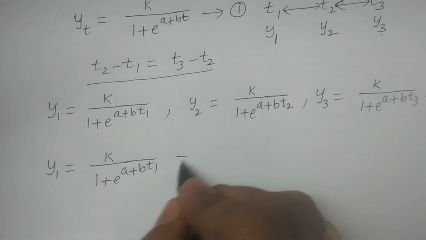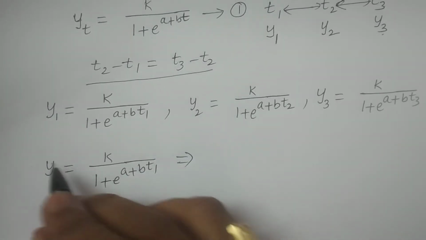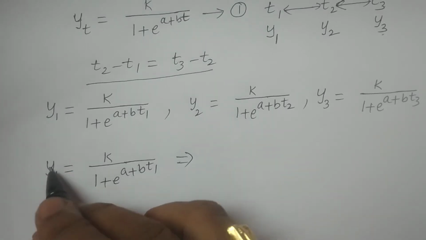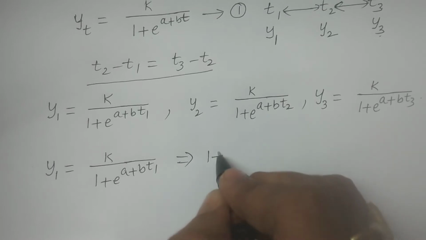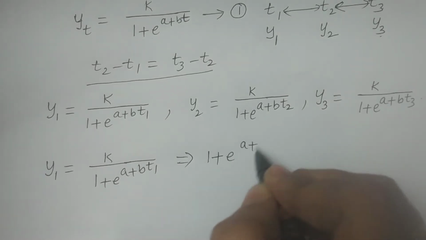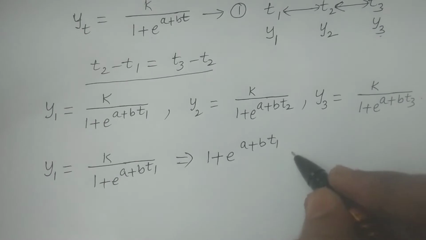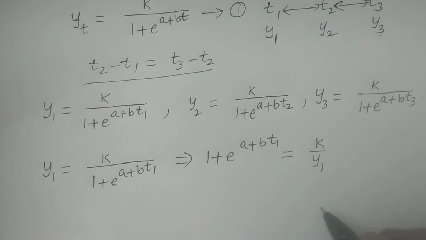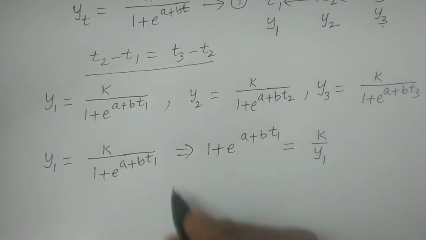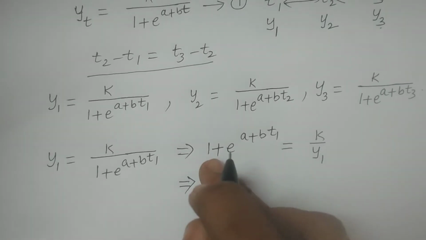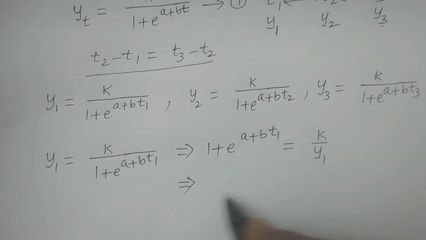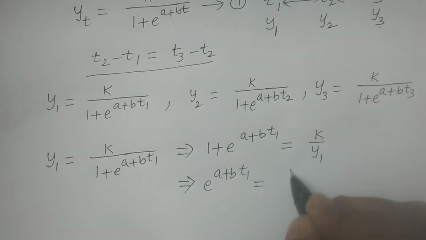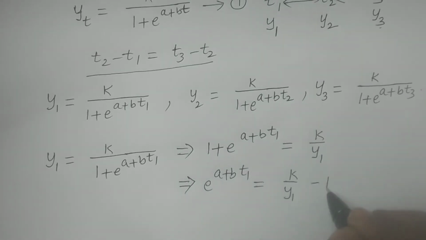Which implies, taking 1 plus e power a plus b t1 to the left hand side and y1 to the right hand side, 1 plus e power a plus b t1 is equal to k by y1. Now I take the 1 to the right hand side, so that e power a plus b t1 is equal to k by y1 minus 1.